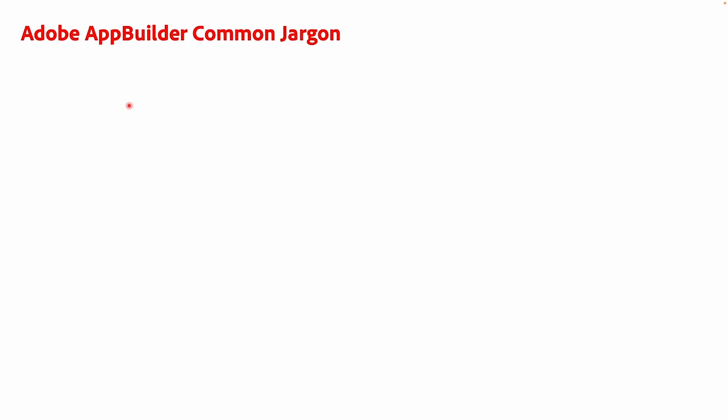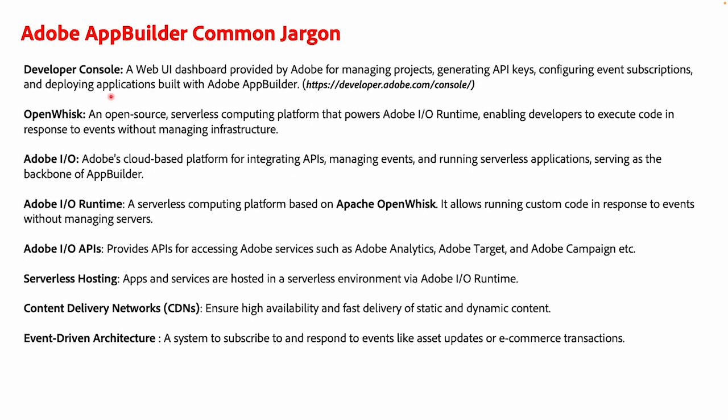Let us understand some of the common jargons of Adobe App Builder. So first thing is developer console. A developer console is a web UI dashboard that provides access to manage Adobe App Builder projects. Next is OpenWhisk. OpenWhisk is a serverless computing platform that powers Adobe I/O Runtime.